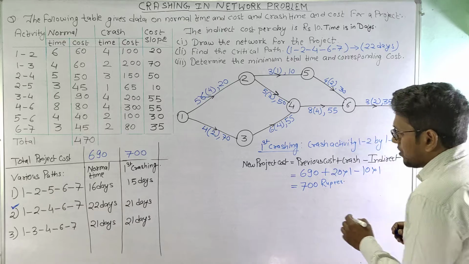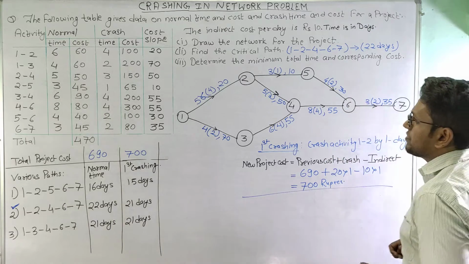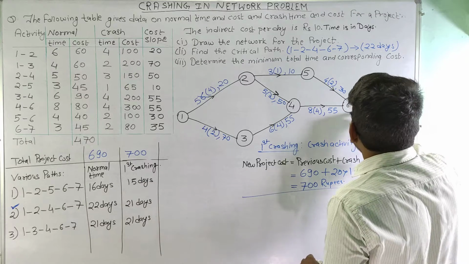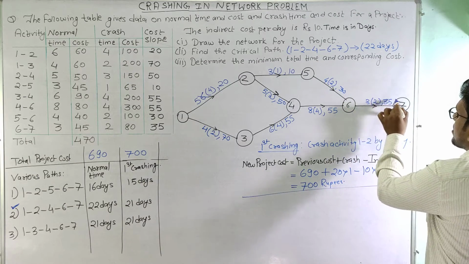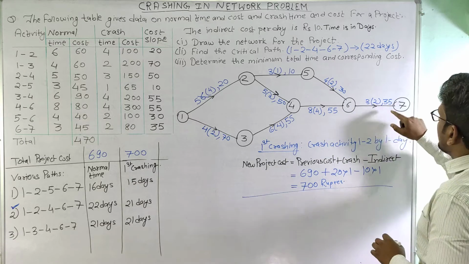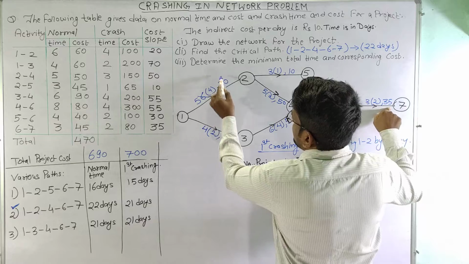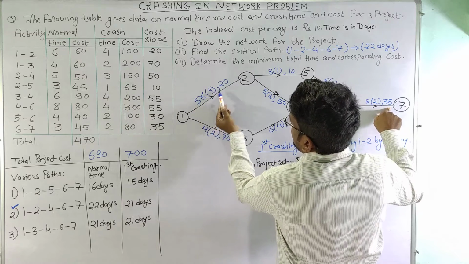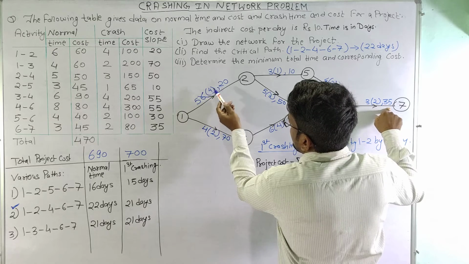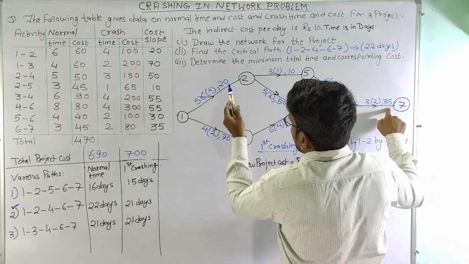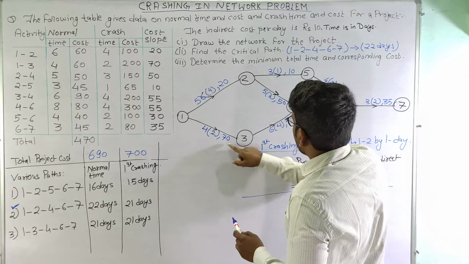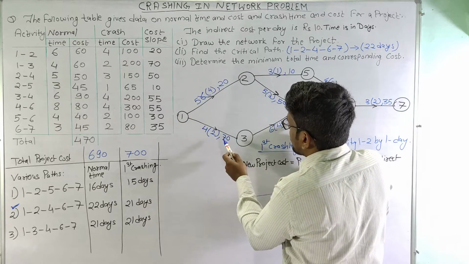So for this particular network, we can see that the minimum slope is for activity 6, 7, because if we choose this particular activity for crashing, we can crash it by 1 day. But if we choose this activity along with this, we need to crash any one of these activities which have greater cost.